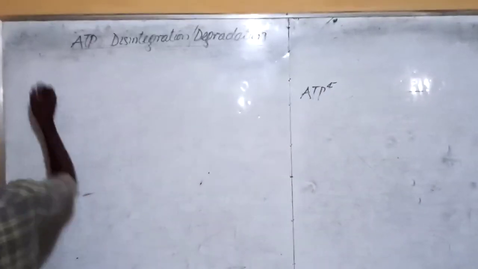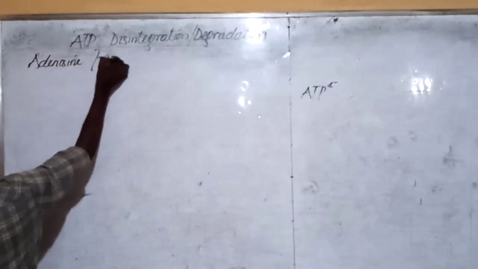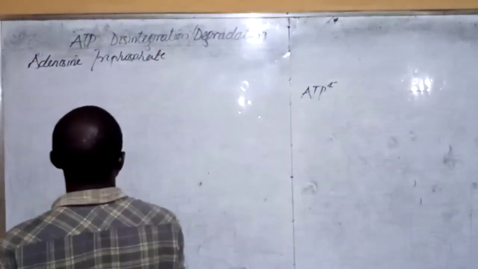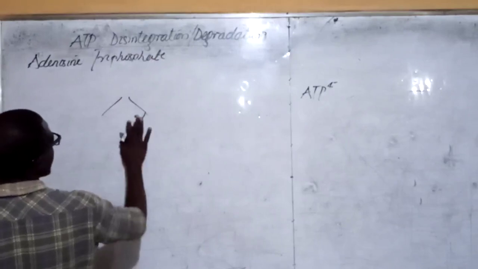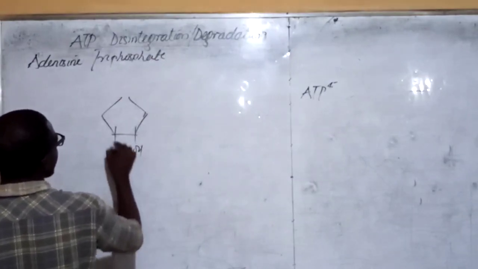ATP is termed adenosine triphosphate, and quickly I'm going to be drawing the structure of ATP. So you have this.